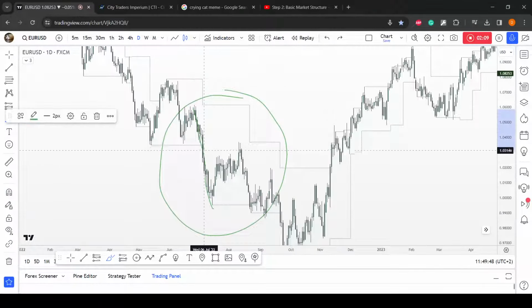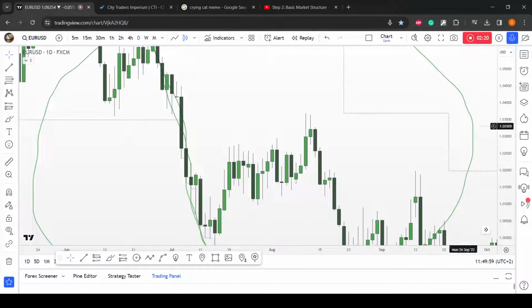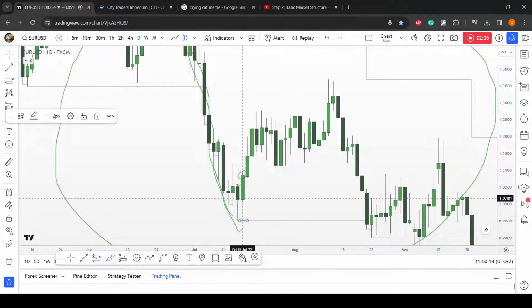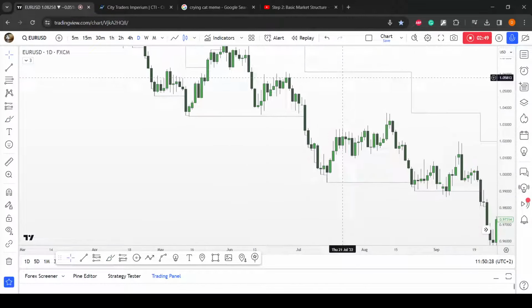When you have this impulse, and then the market eventually starts to go in the counter direction to its impulse, in the moment when the market creates a candle close above the previous candle, like in this situation, we have a candle, this one, and this one closed above this candle's range with its body. So this is a pullback for us. For example, if after this candle the market continues to the downside, this impulse will be the next impulse, and this rule helps to divide impulses.